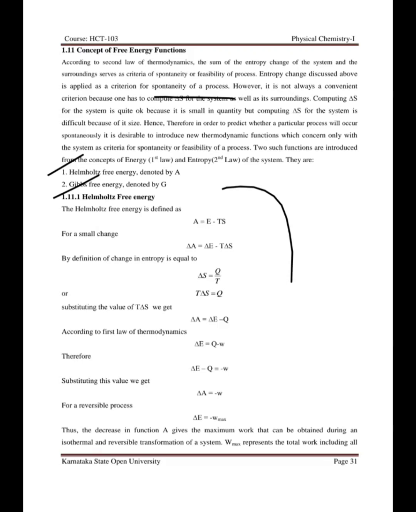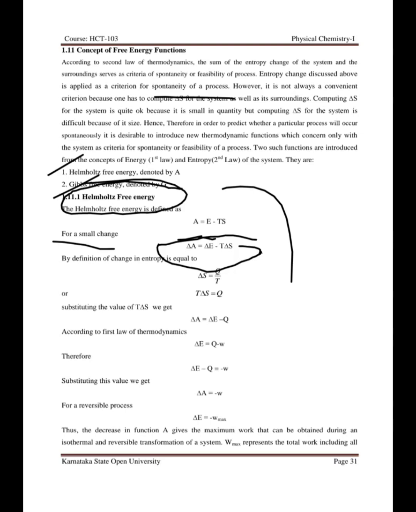Here A is equal to E minus TS. A is nothing but the Helmholtz free energy, E is the energy, minus T into S, temperature into entropy. For small changes, this is the general equation. For small changes in the system, it will be denoted by delta, where delta A is equal to delta E minus T delta S. It is for small changes in the free energy.